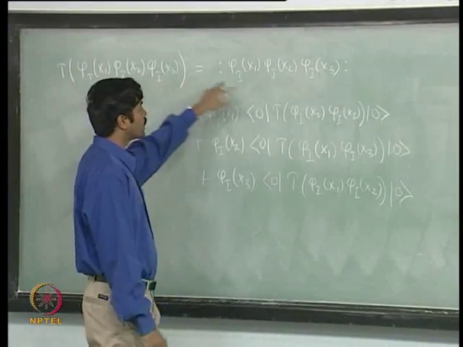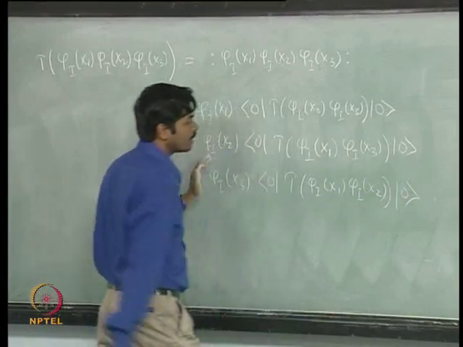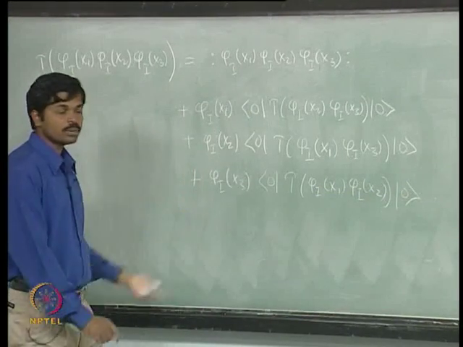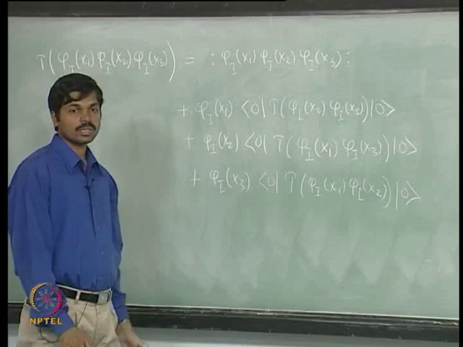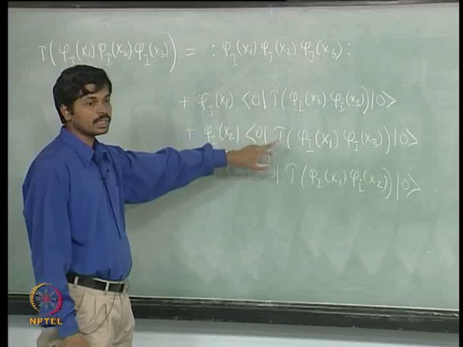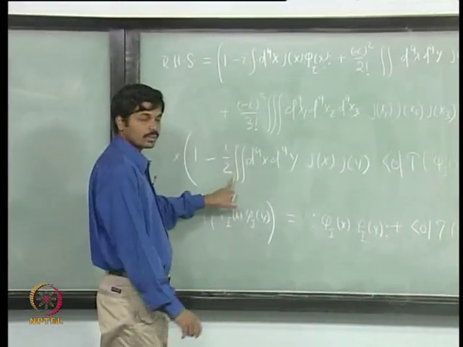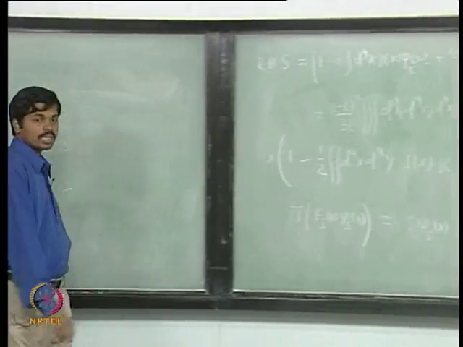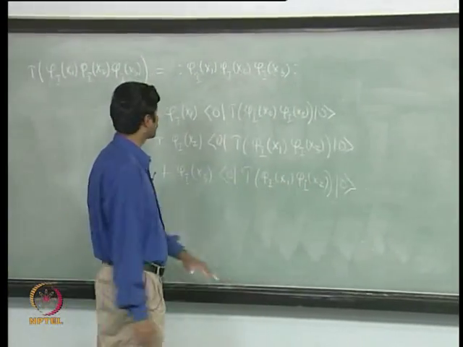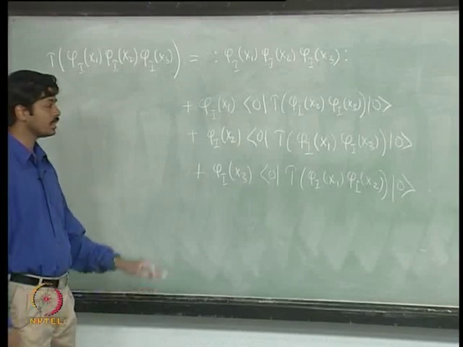So, whatever remaining term you get has to be completely symmetric under a permutation of x 1, x 2, x 3, and that will give you 3 terms. All these 3 terms will add up, and then there will be a factor 3 factorial here, which will cancel that 3 against this 3. So, you can convince yourself that this identity here is true.